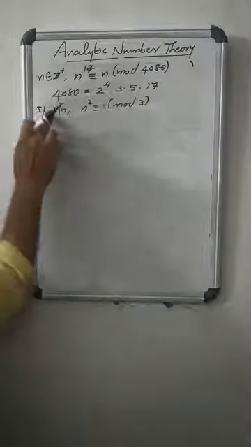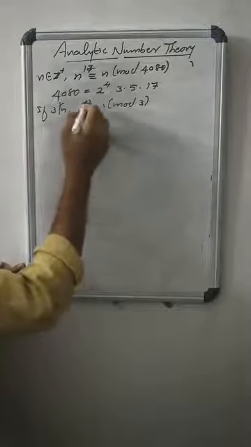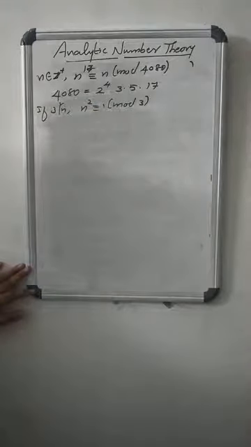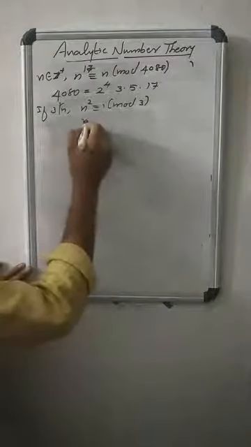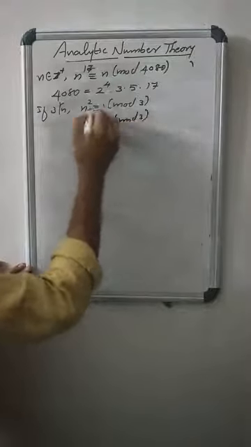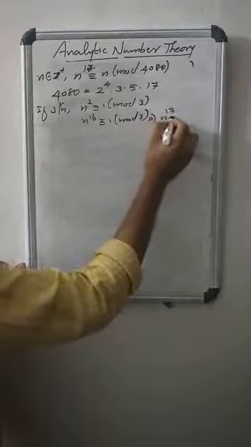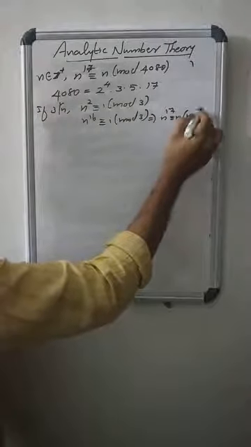If 3 does not divide n, then n square is congruent to 1 mod 3, surely n square all power 8 also, n power 16 is congruent to 1 mod 3. If you multiply by n, that means n power 17 is congruent to n mod 3.